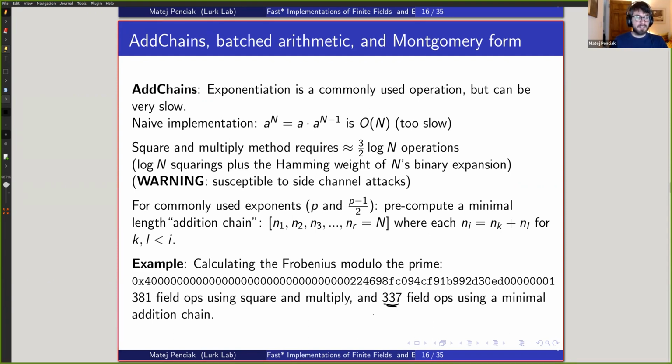But if, for example, you're generating 60,000 or 600,000 different elliptic curve points, and for each one of those you're going to have to calculate either a Legendre symbol or a Frobenius or something like that, the amount of time saved by reducing the amount of field operations ends up adding up to a significant amount.